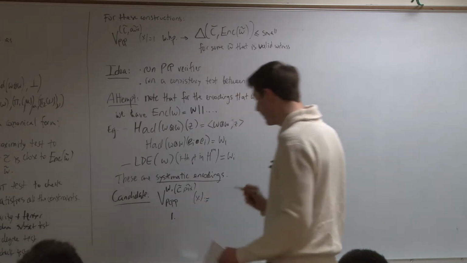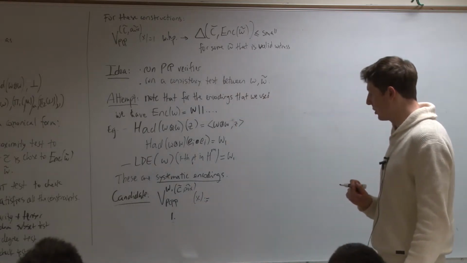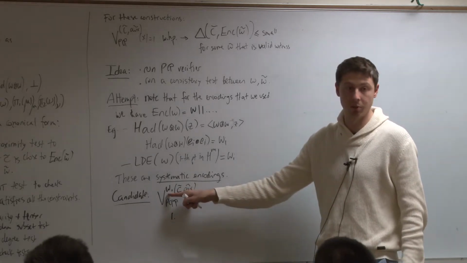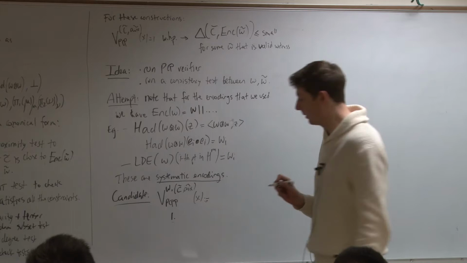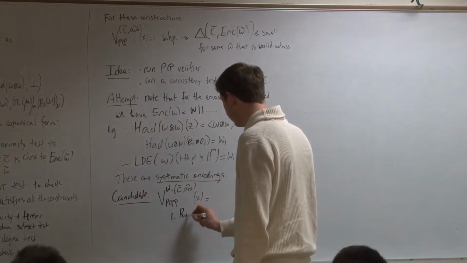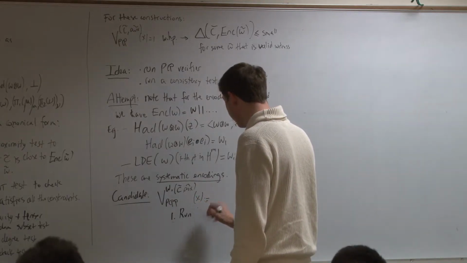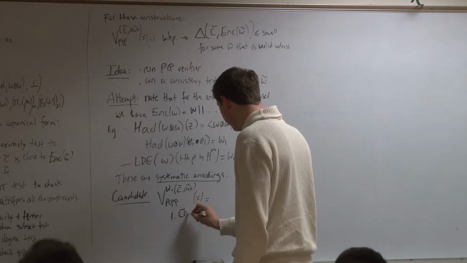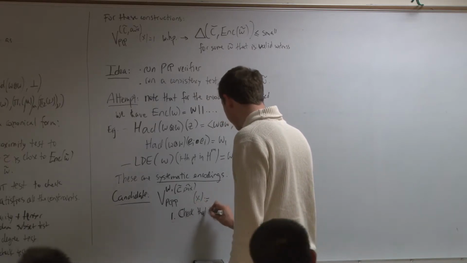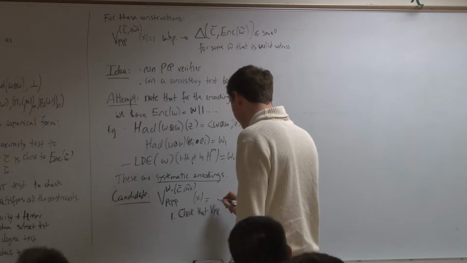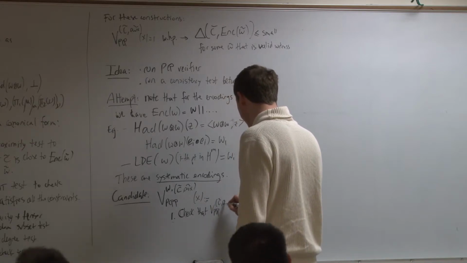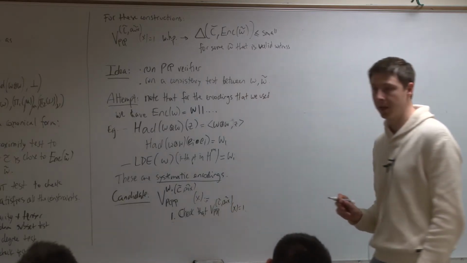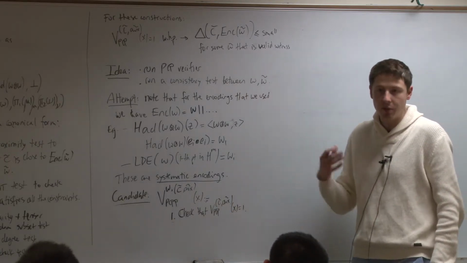Well, first we're going to just run the PCP verifier on this thing. Just ignore W for a moment. Just run it on the proof, right? So check that the PCP verifier given the proof C tilde, aux tilde, x equals 1. If it rejects, we reject.